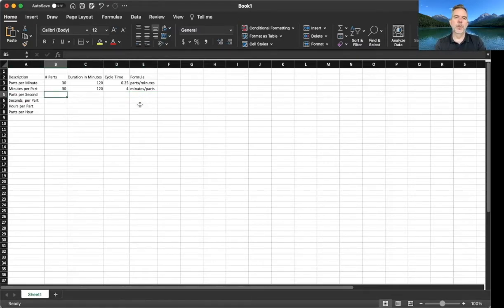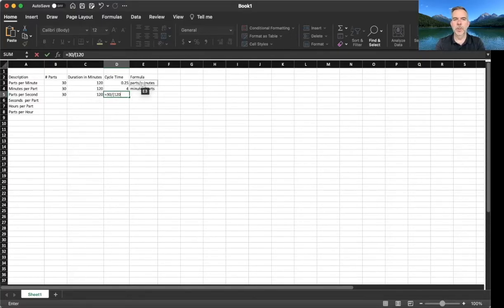So what about parts per second? How would this work? So let's say we're doing 30 parts. And in this case, the formula would be the same as the top if the duration was in minutes. So for example, if this 120 was actually in seconds, the formula would be exactly the same, but it's not. It's 120 minutes that it takes to make these parts. So how many parts are we getting per second? It's definitely going to be parts divided by the time, but we need to turn minutes into seconds.